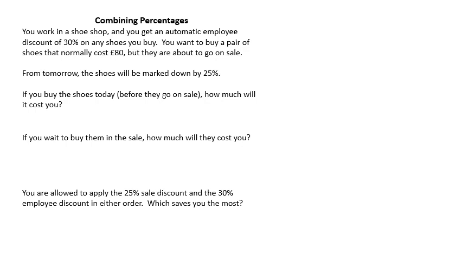I've lost half, I'm left with the other half. And that's the same as multiplying by 0.5. Now I can multiply in this case by 0.75 to reduce the price by 25%. Then I can multiply by 0.7 to reduce the price by 30%. But the overall effect is equivalent to multiplying by 0.7 followed by multiplying by 0.75.